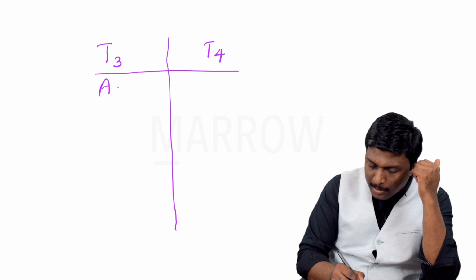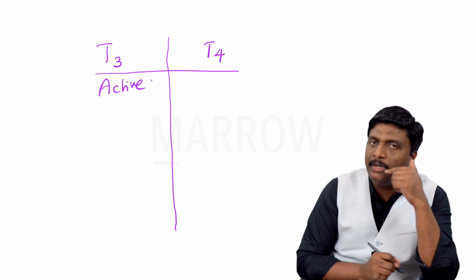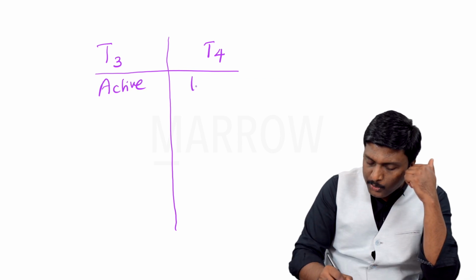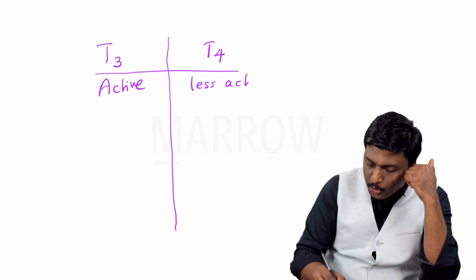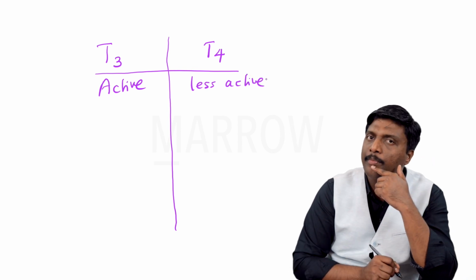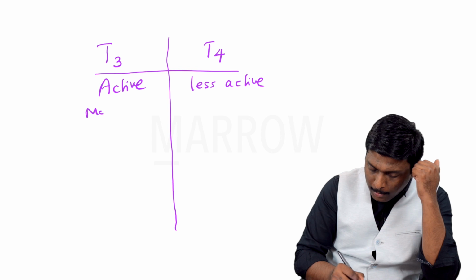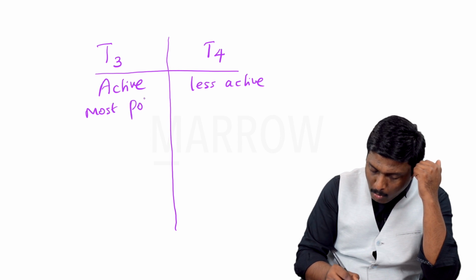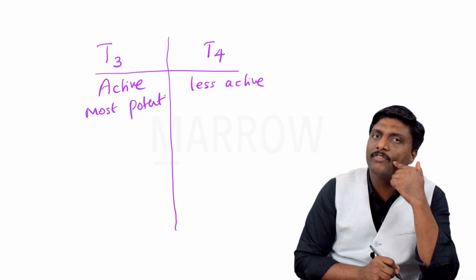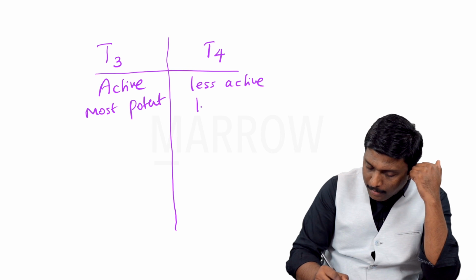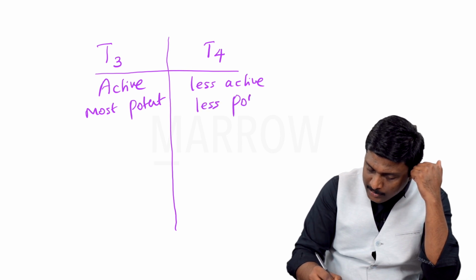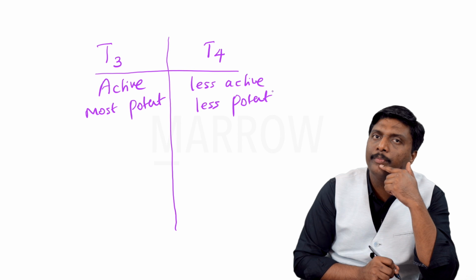Which one is the most active form? T3 form. Which one is always considered to be the less active form? T4 form. Which one is always considered the most potent form? T3 form. Which one is the less potent form? It is always T4 form.